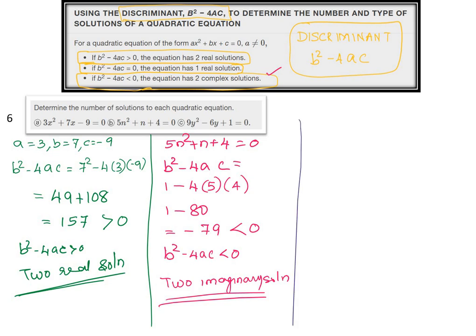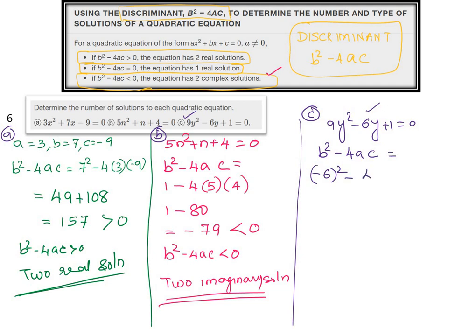Now let us do the next one, part c: 9y square minus 6y plus 1 equals 0. This is a, this is b, and this is c. Here, b square minus 4ac. What is b? Negative 6. So negative 6 square minus 4 times 9 times 1.